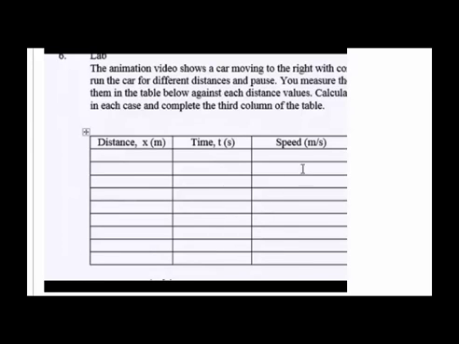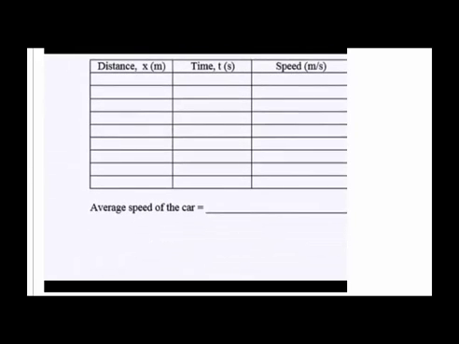That means you will have 9 different speed values. Then calculate the average speed and record it here. Now make sure that you use the correct unit for the average speed. You will lose 1 point for not using the correct unit.